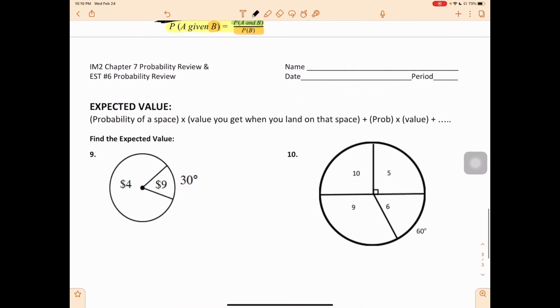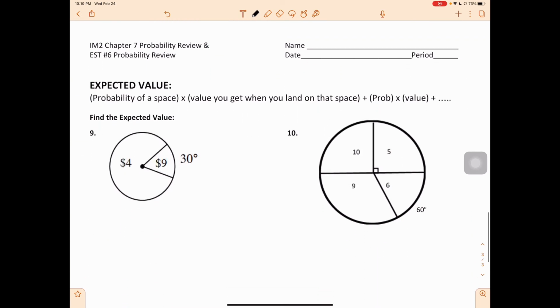Two more problems. These are on expected value. First of all, you need to write the fractions for the spaces here. This is the only one you know: this one is 30 degrees. We know the other one's $4, and this one's $9. But what I mean is that this one is 30 degrees. Well, a circle, how many total degrees are in a circle? 360.